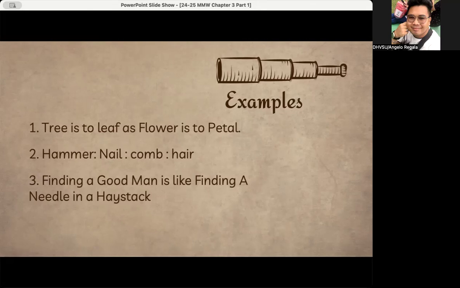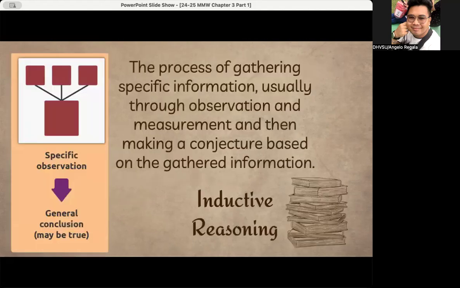Yung paghahanap mo kay Mr. Right is parang naghanap ka na rin daw sa isang haystack. Alam niyo yan, yung pagkatapos ng pag-harvest ng palay, yung natuyong palay is pinagsasama-sama nila. That is haystack. Okay? So these are some examples of analogy.